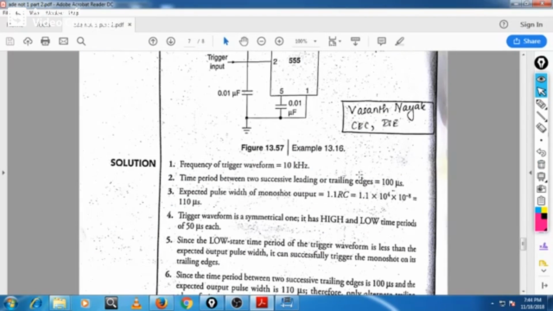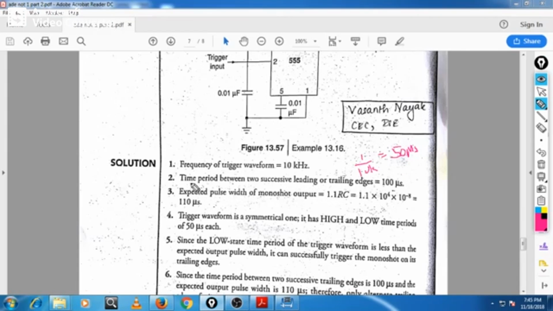Frequency of the trigger waveform is 10 kHz. The time period you will get is 1 by 10 kHz, that is around 50 microsecond.